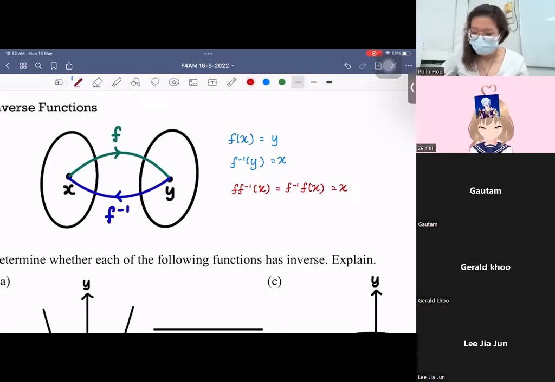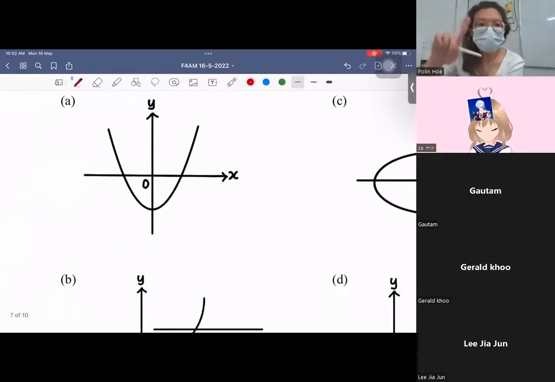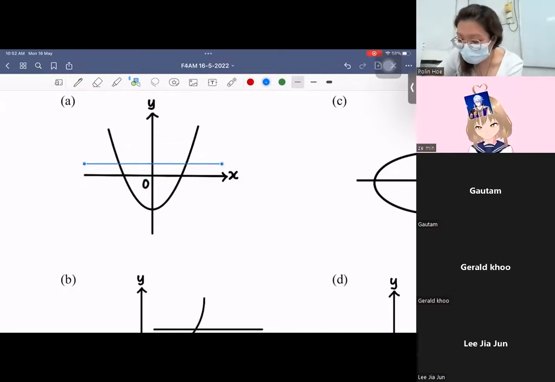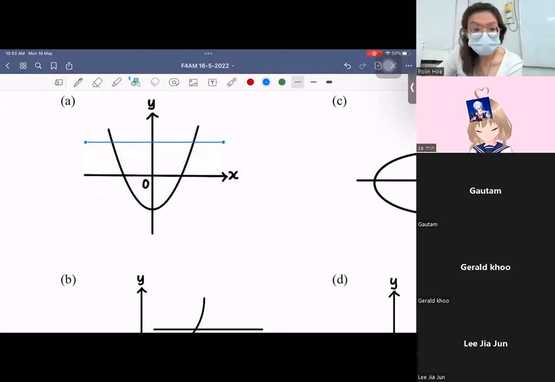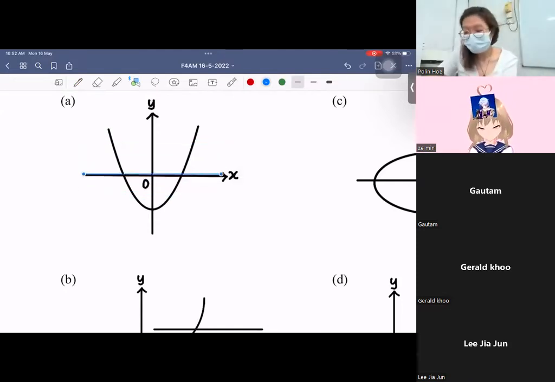Okay, let's start. This one I'm not going to write. To test whether a function has an inverse or not, we use the horizontal line test. When you move the line up and down, you see if it touches more than one point.